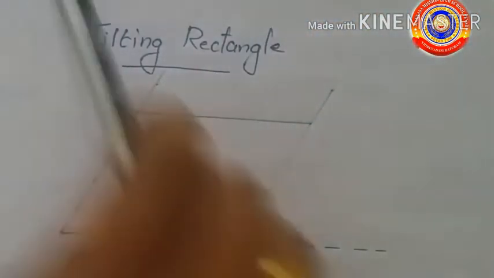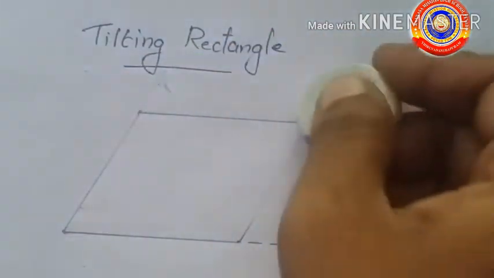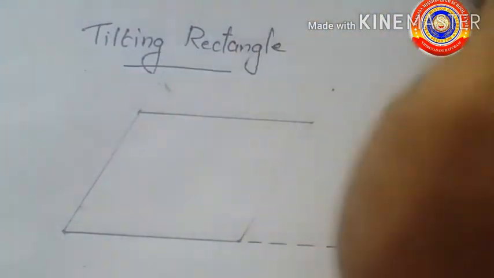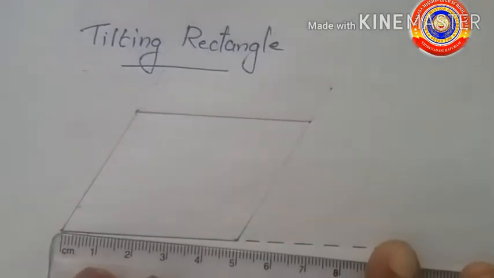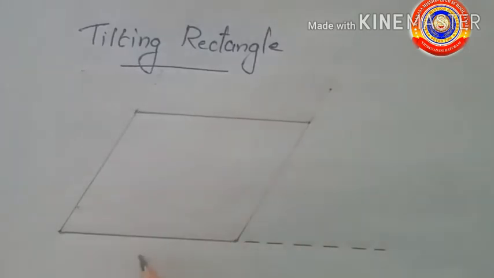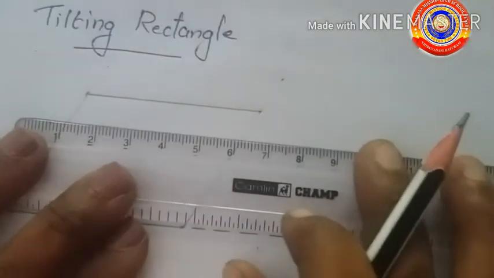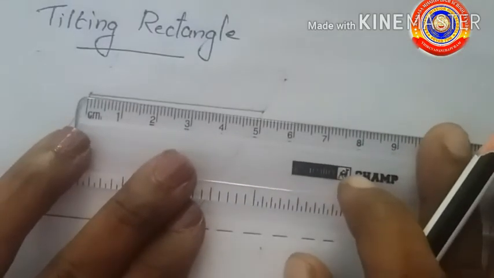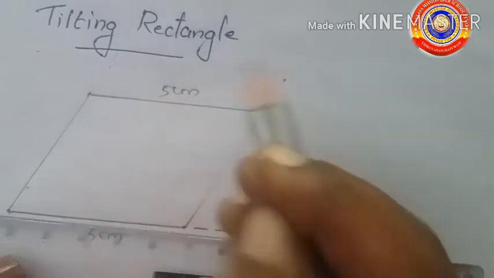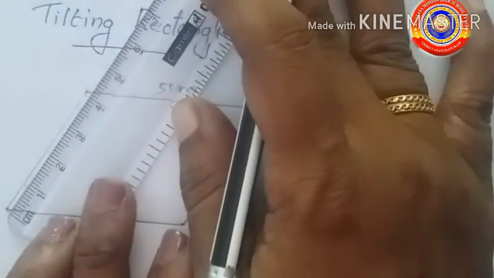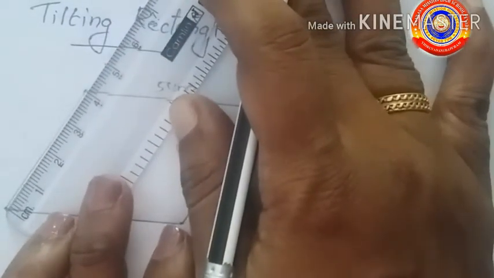Erase the extra lines we have drawn earlier. Now we got a figure. This figure is called tilting rectangle. Here the bottom length is 5 cm, top length is 5 cm and the left side length is 4 cm.